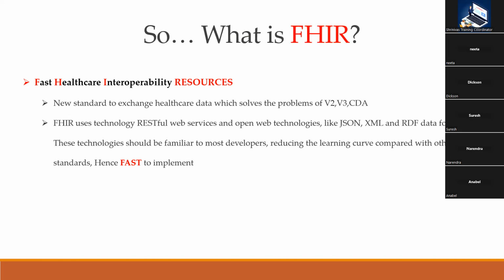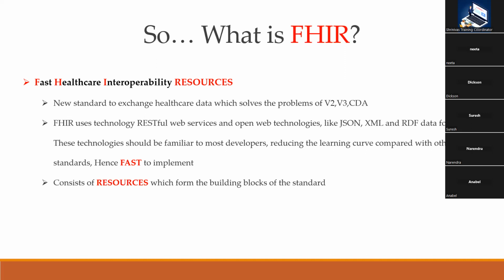Then we have healthcare because we are developing it for healthcare. And then we have interoperability because we are enabling multiple entities to talk to each other with the help of data. It is called interoperable. And the last one, the key term, is resources. So FHIR is all about resources.